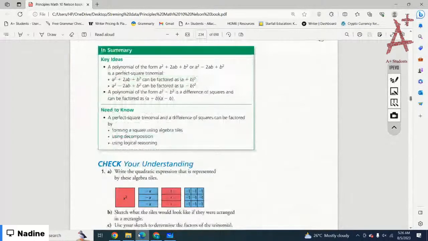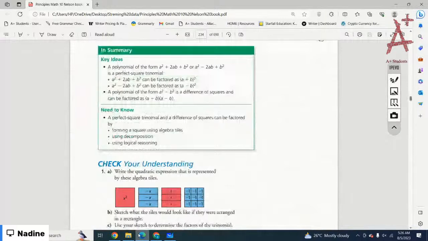A polynomial of the form a square plus 2ab plus b square or a square minus 2ab plus b square is a perfect square trinomial. A square plus 2ab plus b square can be factored as a plus b whole square.